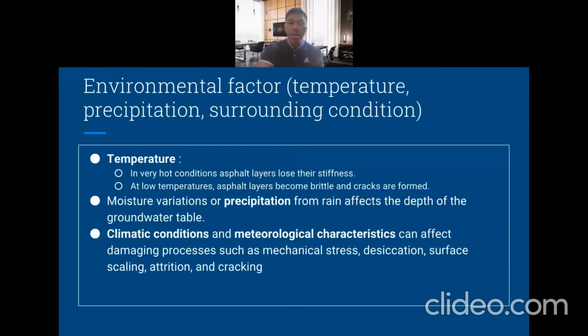Besides that, climatic conditions and meteorological characteristics can cause damaging processes such as mechanical stress, desiccation, surface scaling, attrition, and also cracking. So pavement design and management practice must be adapted in response to future climate change.